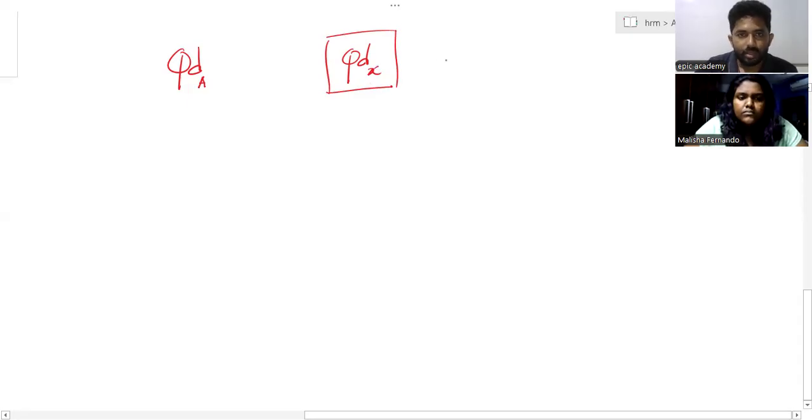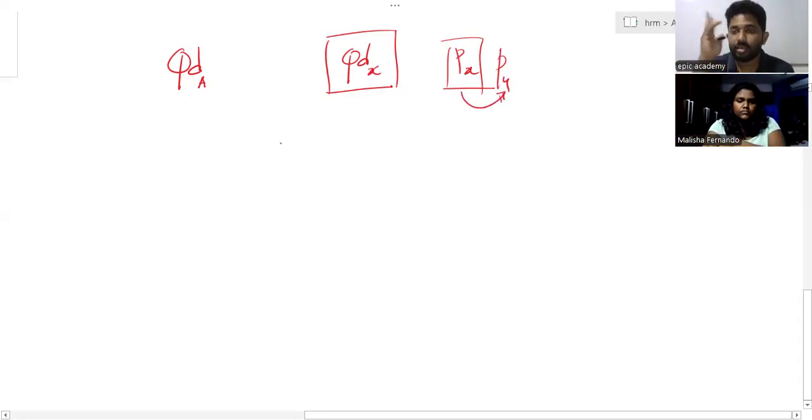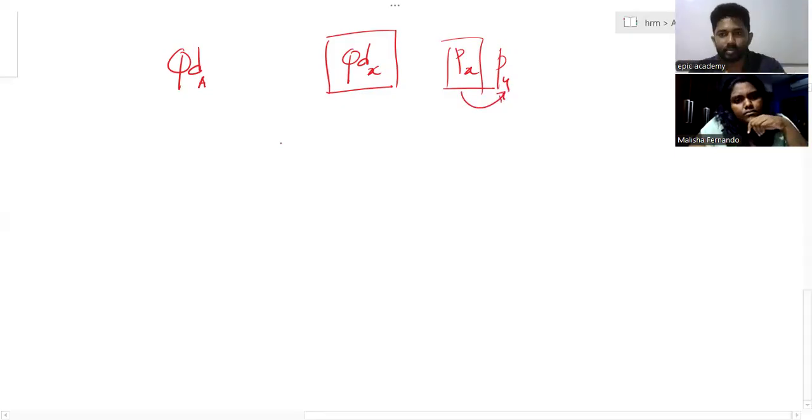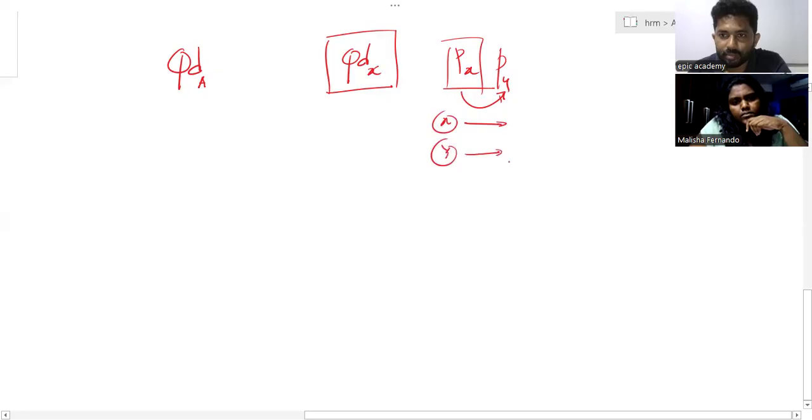Px: P always represents the price of the commodity, so Px means the price of the X commodity, and Py the price of the Y commodity. There are certain things you have to identify. X always represents the certain commodity. Y always represents the other commodity.